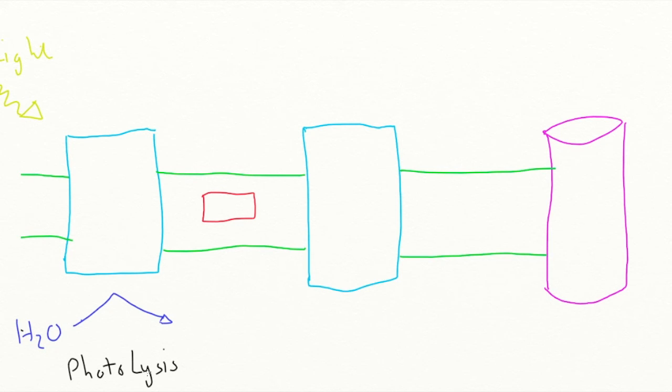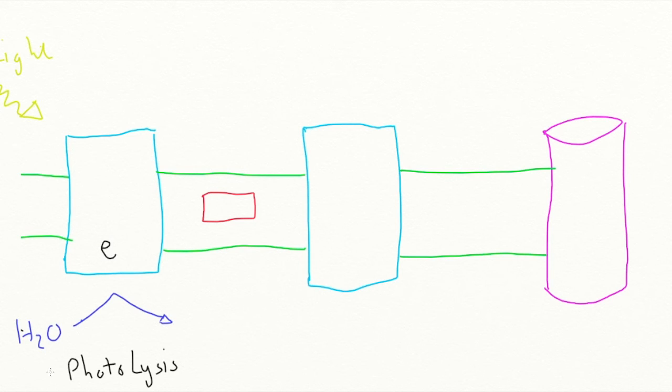This is called photolysis. And what happens is it takes the electron, and this goes into photosystem 2. Remember, hydrogen has one electron, so now that's not hydrogen anymore.